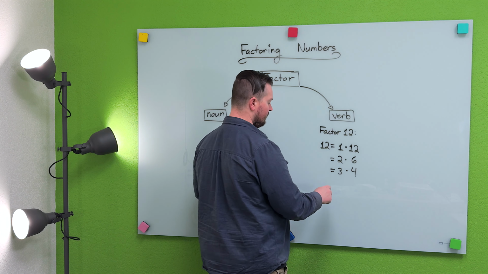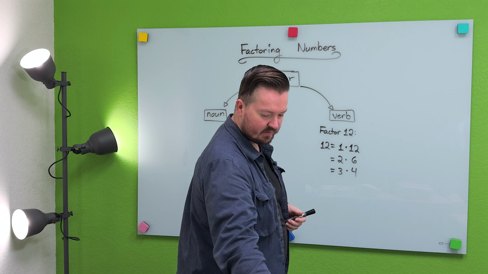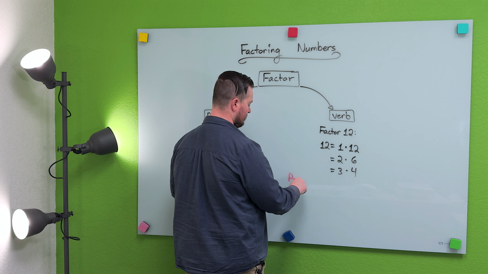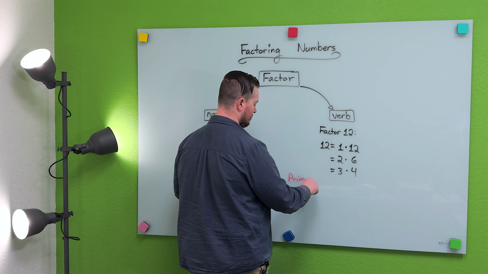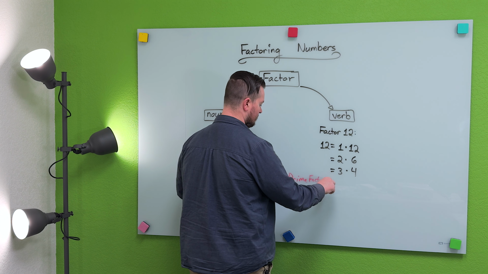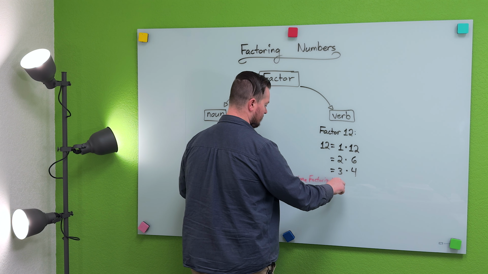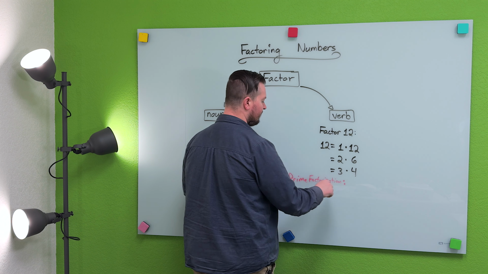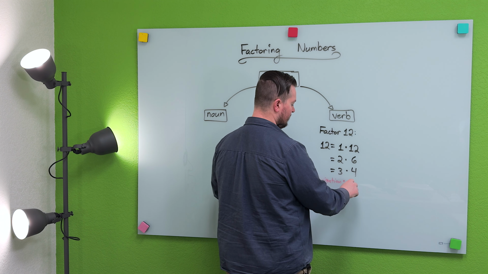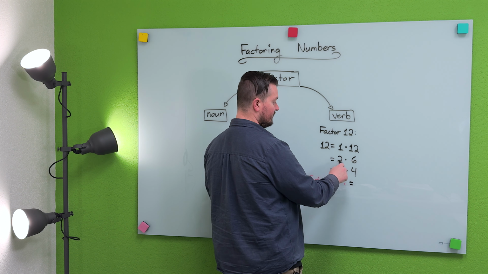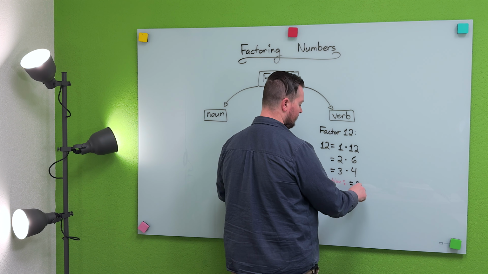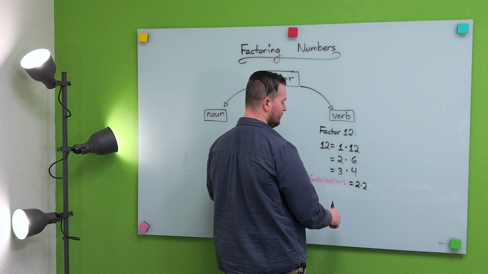Not only that, but you could give me what's called the prime factorization. And the prime factorization of 12 would be to first turn 12 into smaller numbers such as these. Then say we take 4 and we break 4 down a little bit further into 2 times 2.